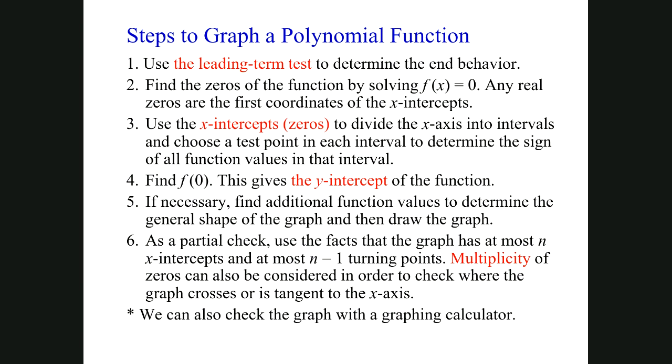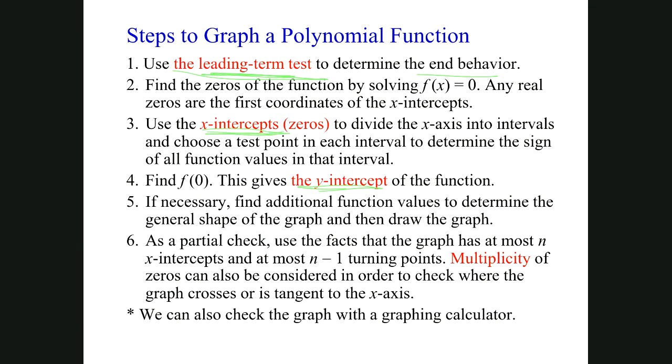All right, so how do we make a graph in this case? I highlight a little bit. The first one is you look at the leading term. The leading term determines the behavior of the graph, so that is the most important one. The second one, you find the x and y intercepts.